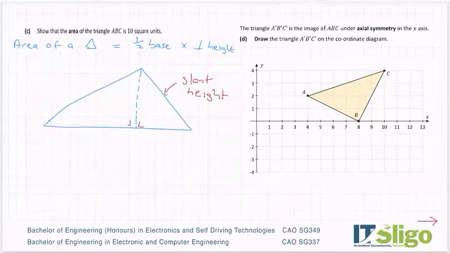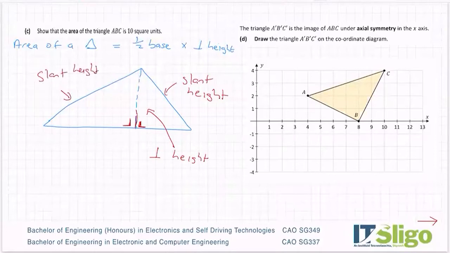And this one here is the perpendicular height. Okay, so it's straight up from the bottom, and there's always a right angle between the bottom and the perpendicular line. Okay, and that's how you know that that's the perpendicular height, and that also is a slant height. So you have to be careful when you use the area of a triangle formula that you're taking a perpendicular height.